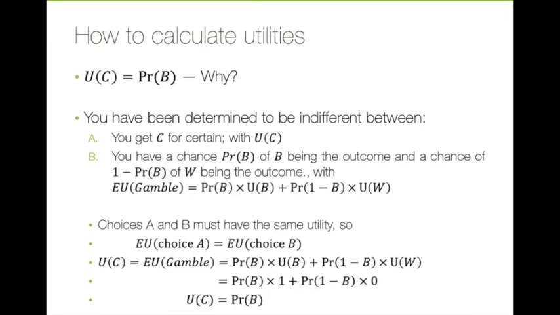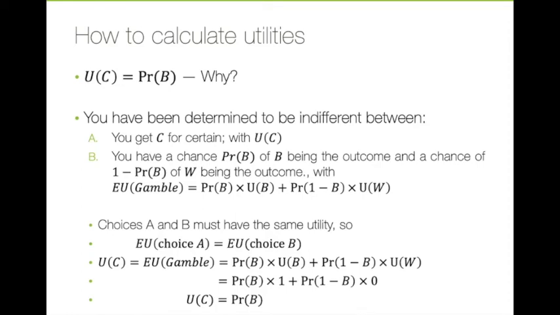To get the utility of choosing B, we have to calculate the expected utility of this gamble. And for that, we have to use our expected utility formula. We multiply the chance of our best outcome times its utility, and add that to the chance of our worst outcome times its utility. So that's what's shown there on the third to last line.